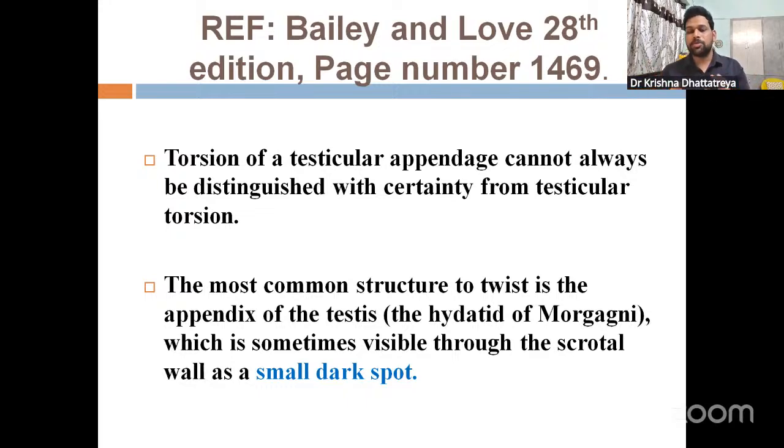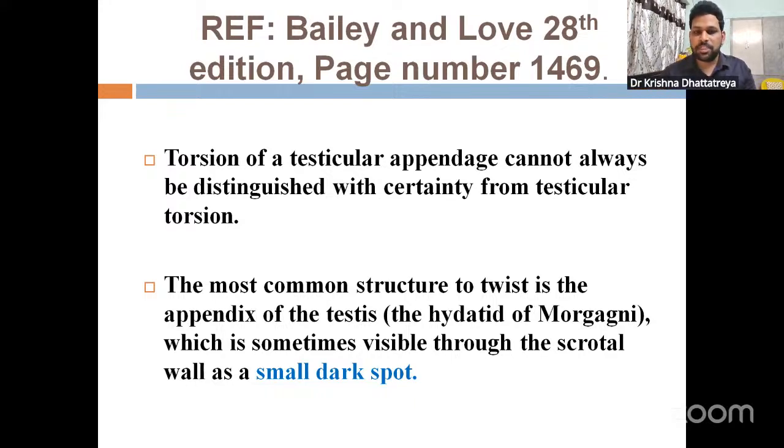If you are able to differentiate it from testicular torsion, then no problem, you can treat that patient conservatively. But if you are not able to differentiate testicular torsion from testicular appendage torsion, that needs to be explored immediately surgically and corrected.